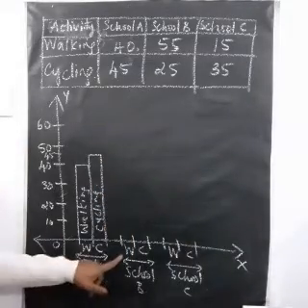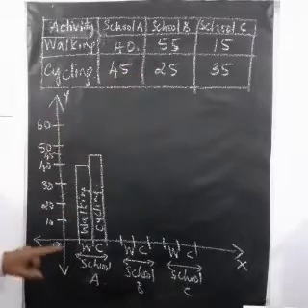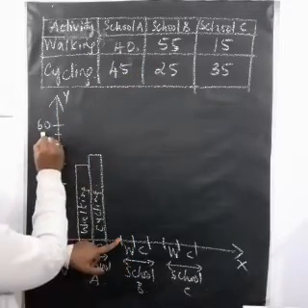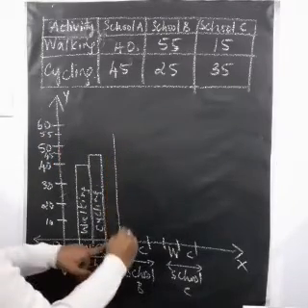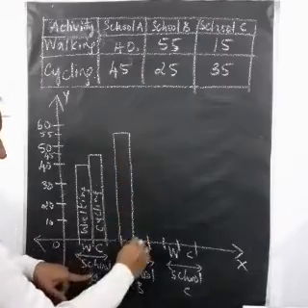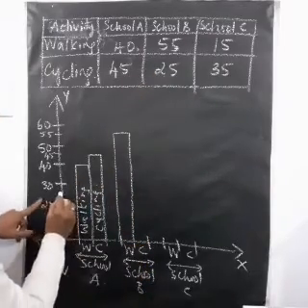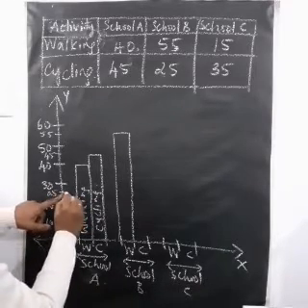That is the thing. Then for school B, the first walking is 55. So for walking, you go up to 55, which is the middle value here, and take a scale and mark it correctly. So this will be your walking, and the cycling will be 25. So 25 is here. 25 will be the middle value for these two.